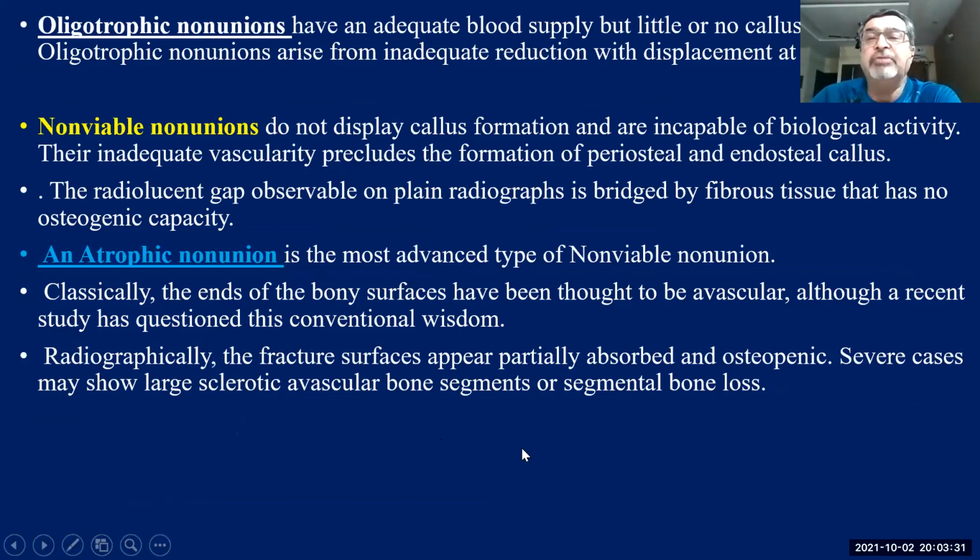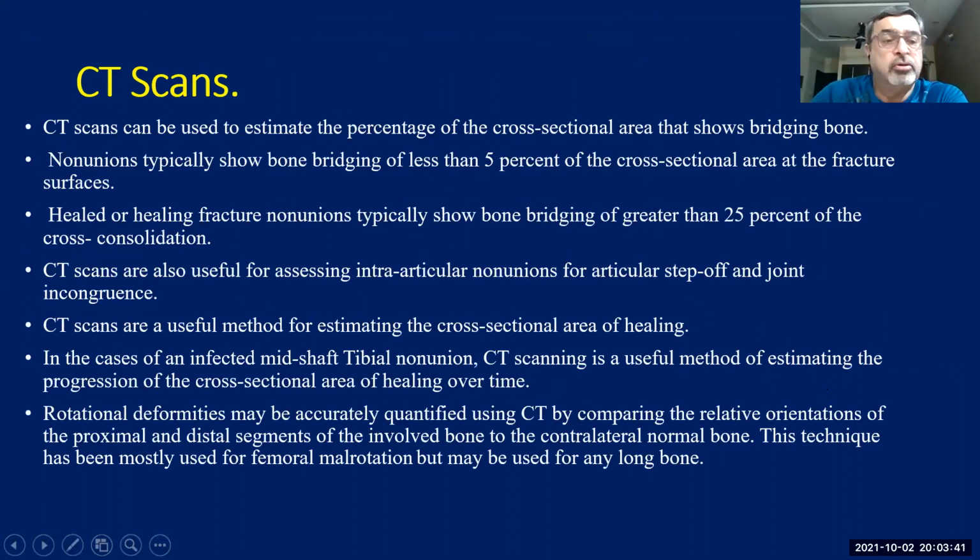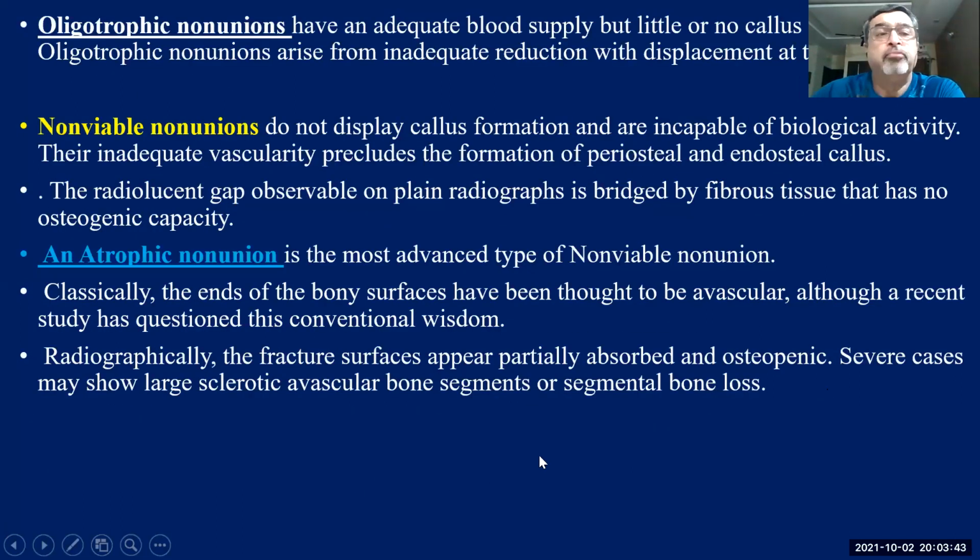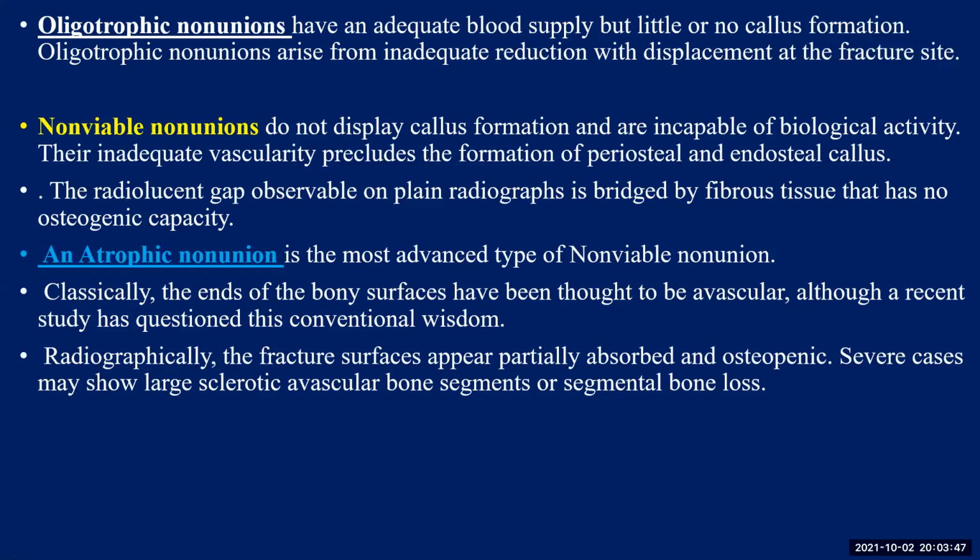Oligotrophic non-unions arise from displacement of the fractures. Non-viable non-unions do not display callus and are incapable of bone union. Their inadequate vascularity precludes the formation of periosteal callus. The radiolucent gap observable on plain radiograph is bridged by fibrous tissue that has no osteogenic capacity.